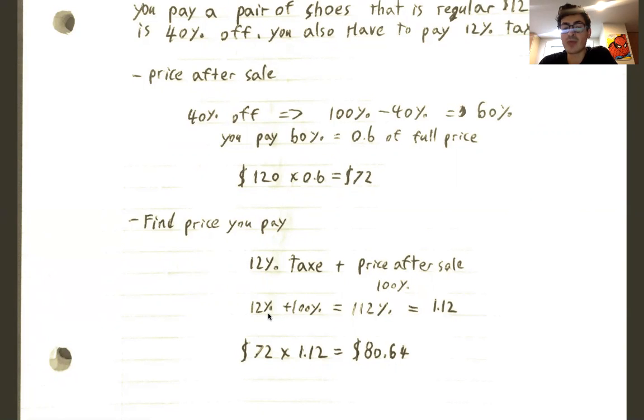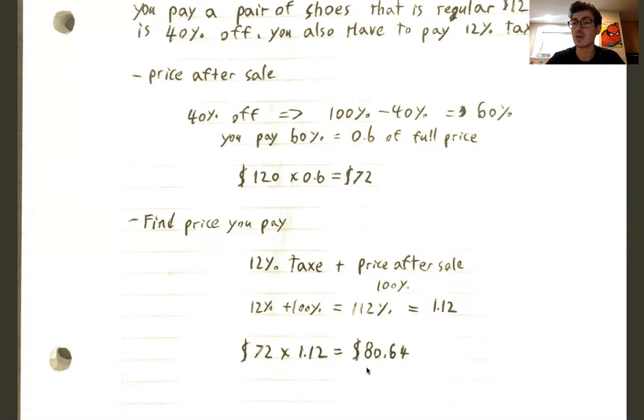So we add them together, that's going to give us 112%, or 1.12 in decimal form. So that's the amount of the price after the sale we pay. So we take our $72 and multiply by 1.12, giving us $80.64. So that would be the exact price you would pay if you went up and bought these shoes.